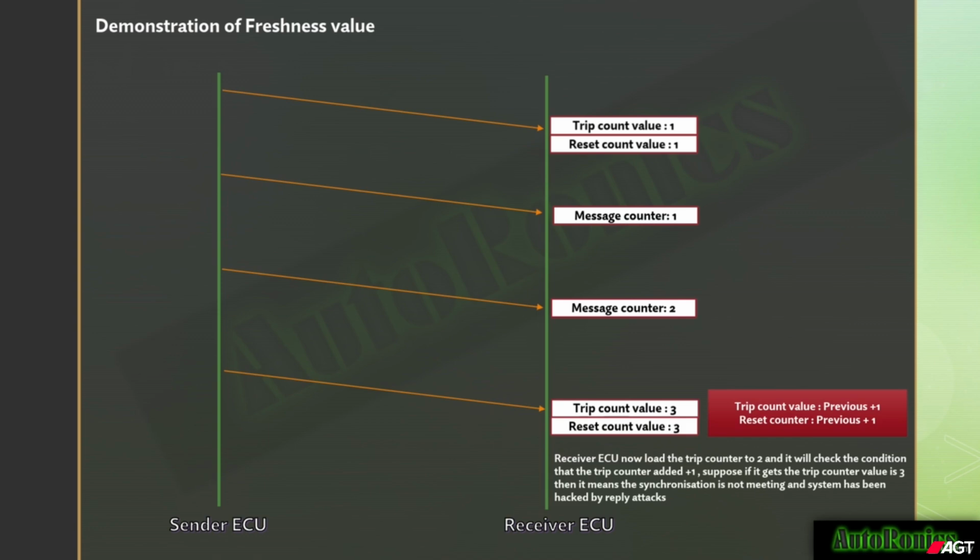Now the receiver compares the trip count value and the reset count value with the previous value. It will not be the same, since the previously stored counter is 2 and now the sender is sending 3. So by this the receiver ECU understands that the synchronization is not there between them and the system has been hacked through the replay attack. We'll see in depth about the attacks in further slides.